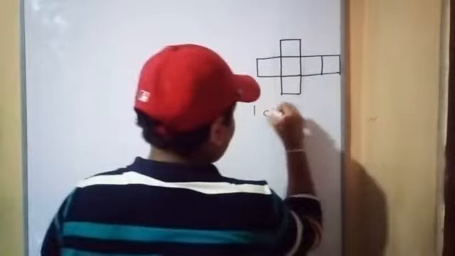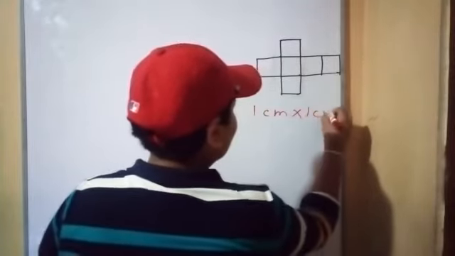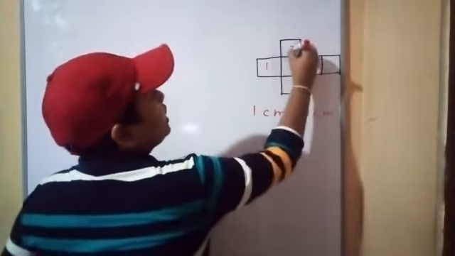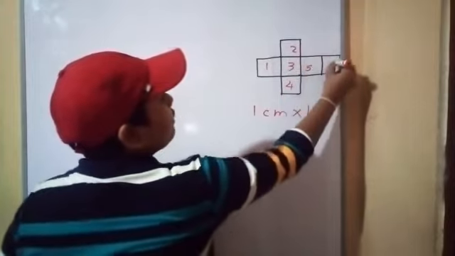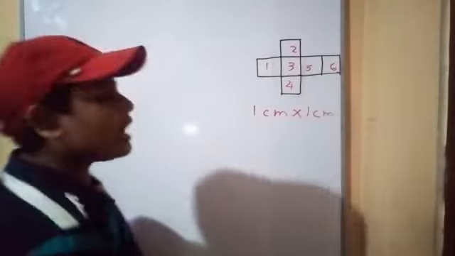Like this. Right? Now the following is a net of 1 centimeter multiply 1 centimeter. That means 1 centimeter multiply 1 centimeter is a square. Now they have 1, 2, 3, 4, 5 and 6 square faces.